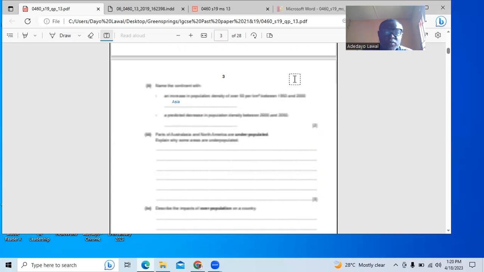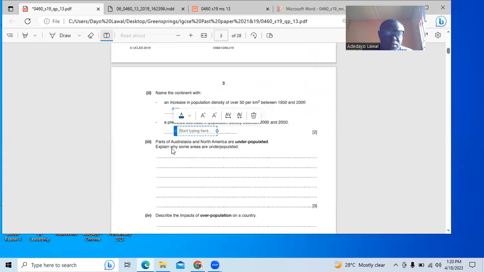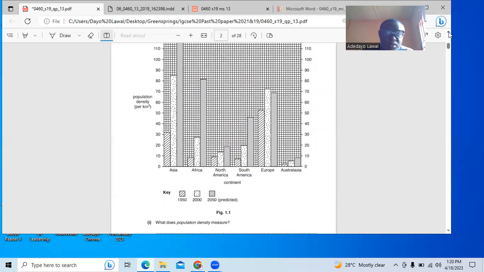So a predicted decrease in population density between 2000 and 2020. So how can we tell a decrease?